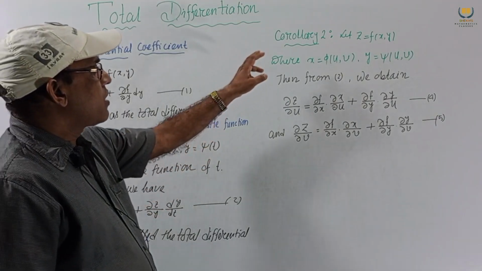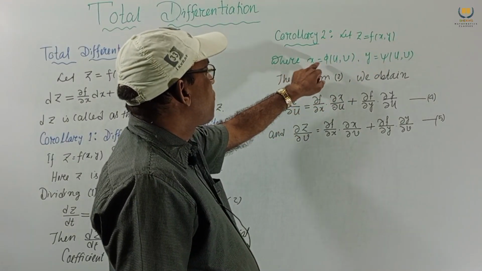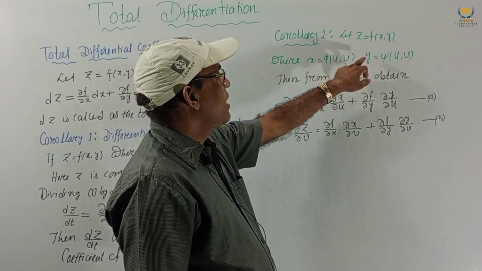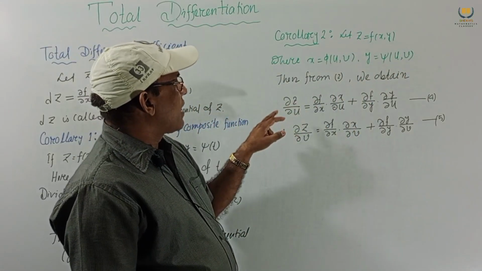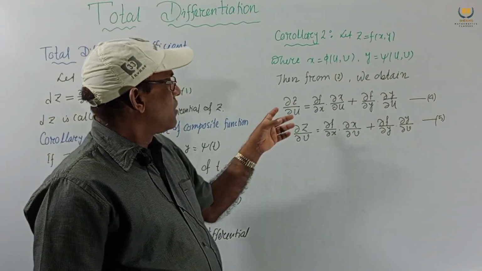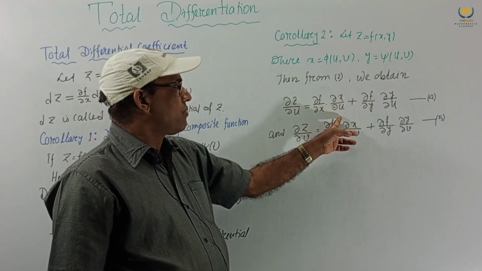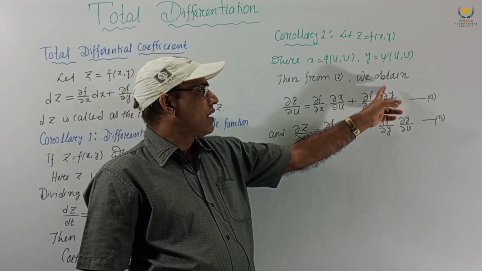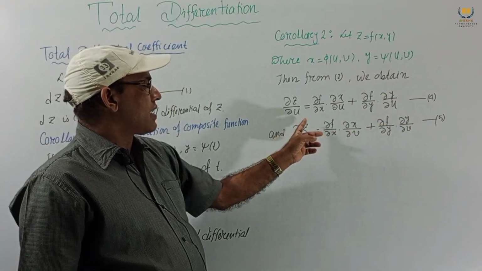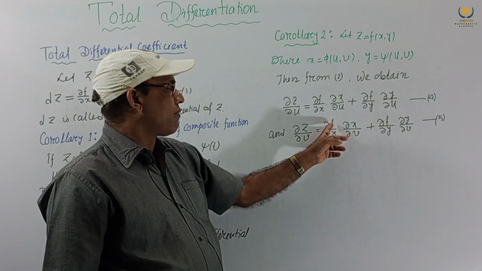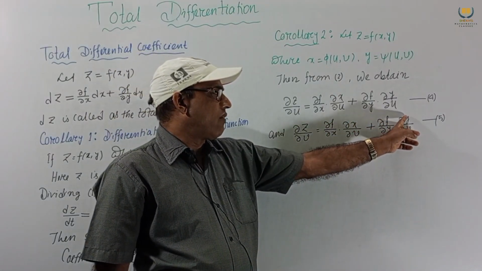Again, corollary 2: if z equals f of x, y and x equals phi of u, v and y equals psi of u, v, then we write del z by del u equals del f by del x into del x by del u plus del f by del y into del y by del u, and del z by del v equals del f by del x into del x by del v plus del f by del y into del y by del v.